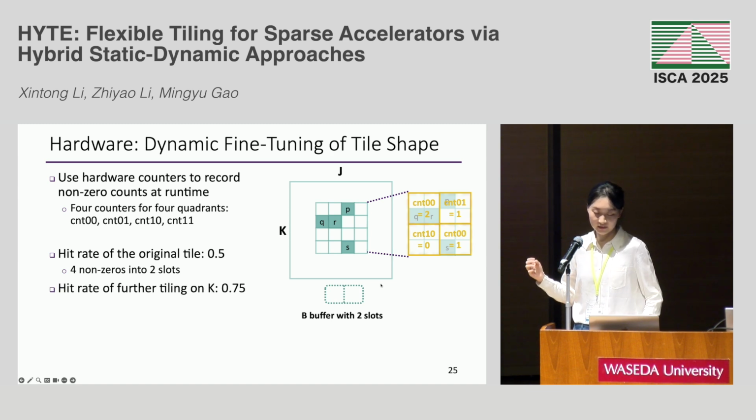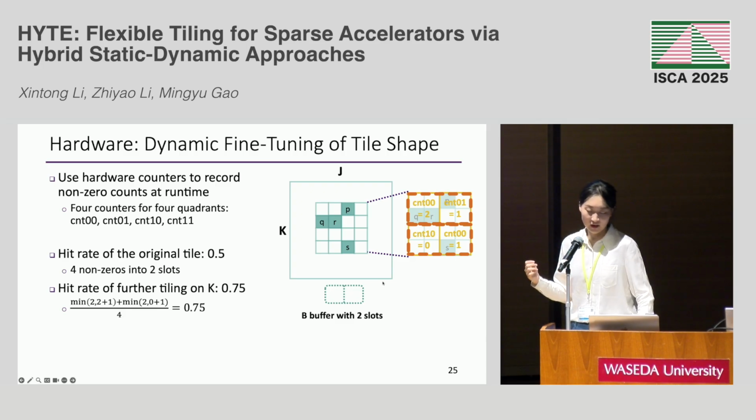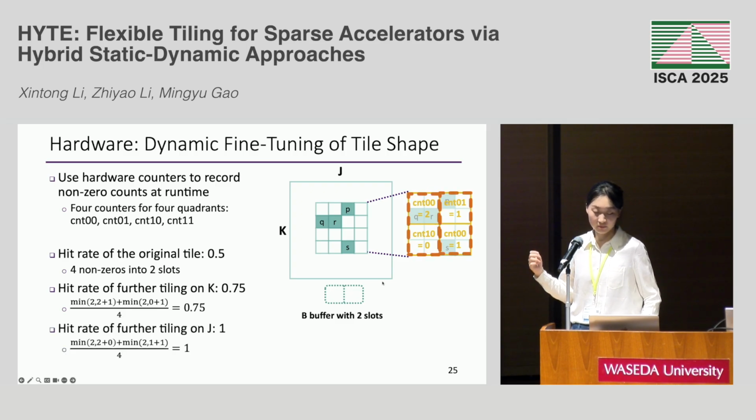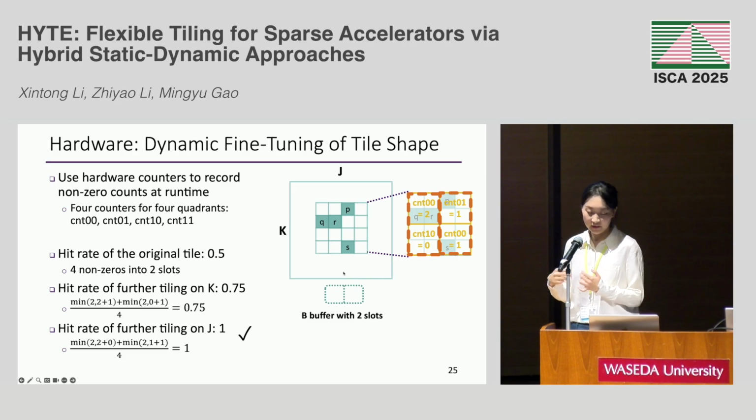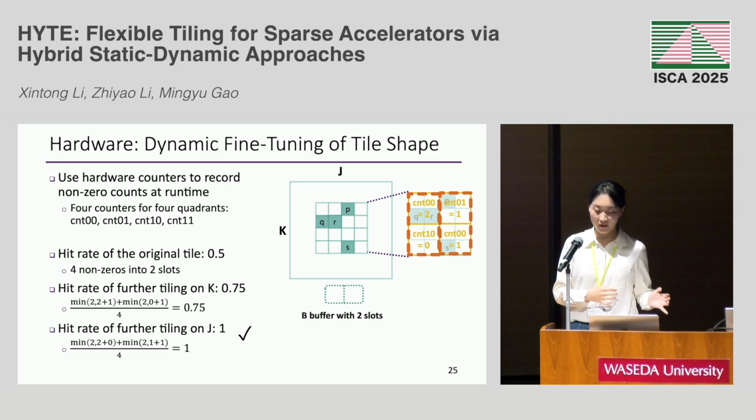It becomes 0.75. And if we further tile along the J dimension instead, the hit rate improves to 1. These hit rates, combined with the estimated parameters, help us decide whether it's better to use a smaller or larger tile, and determine the best shape to adjust for the optimal performance at runtime.